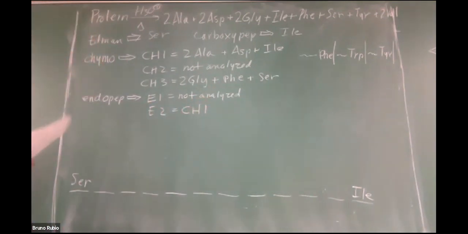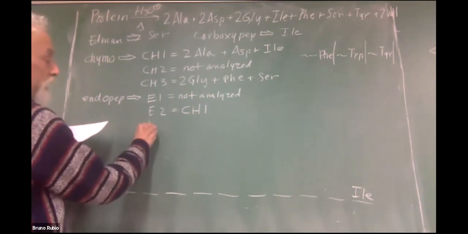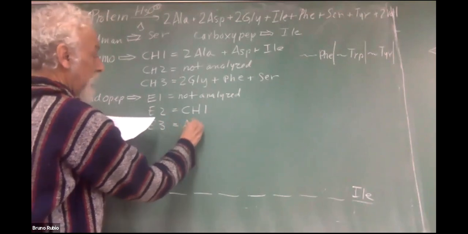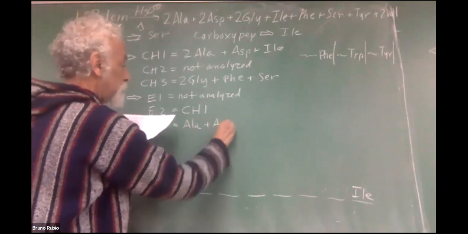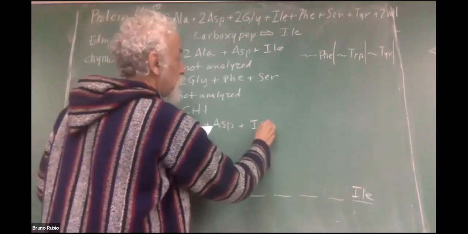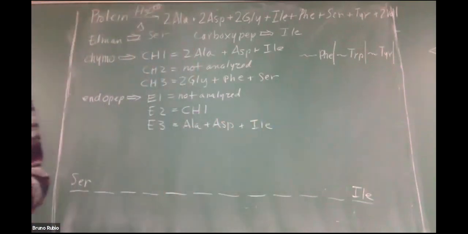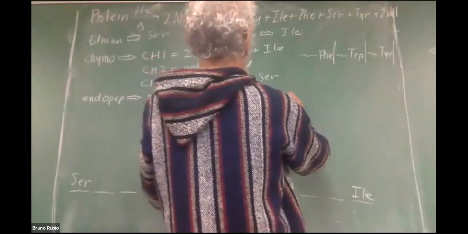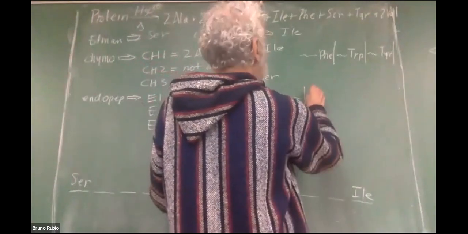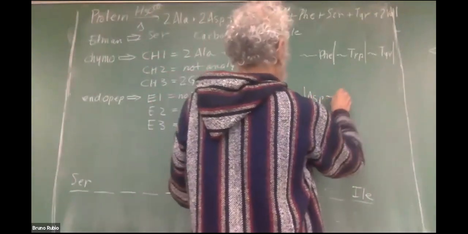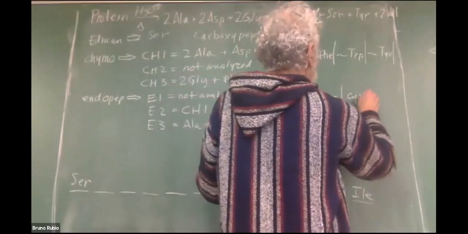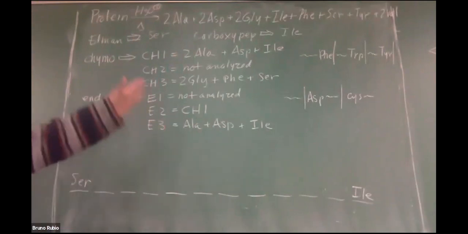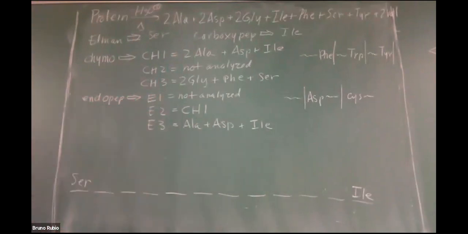That was convenient. And the fragment E3 consisted of alanine, aspartic acid, and isoleucine. And just for the record, let's remember that endopeptidase breaks before an aspartic acid and before a cysteine, right? Some of these other enzymes break after, but endopeptidase breaks before.